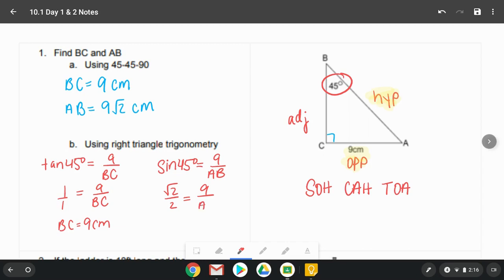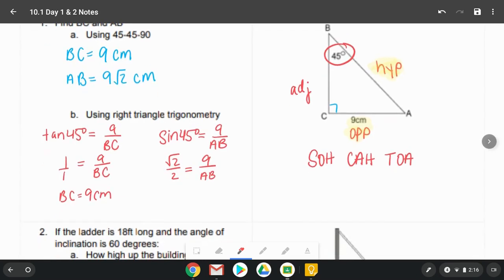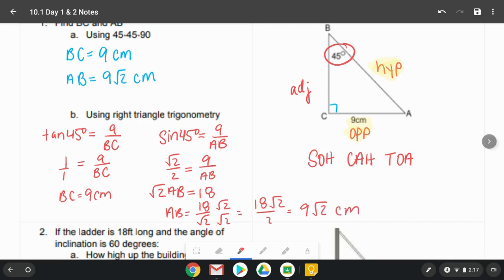And so then if I do some cross multiplication again, I get this. And then if I divide by the square root of 2, I get that AB is 18 over the square root of 2. And then if I rationalize it a little bit, I should get that AB is 9 square root 2 centimeters. And again, that double checks with what we got in part A.